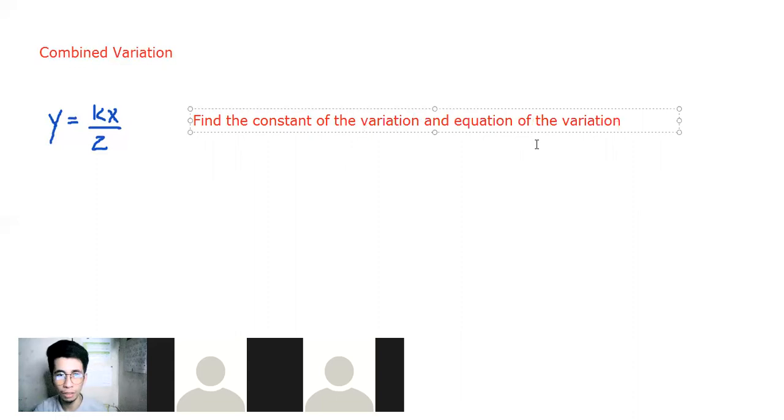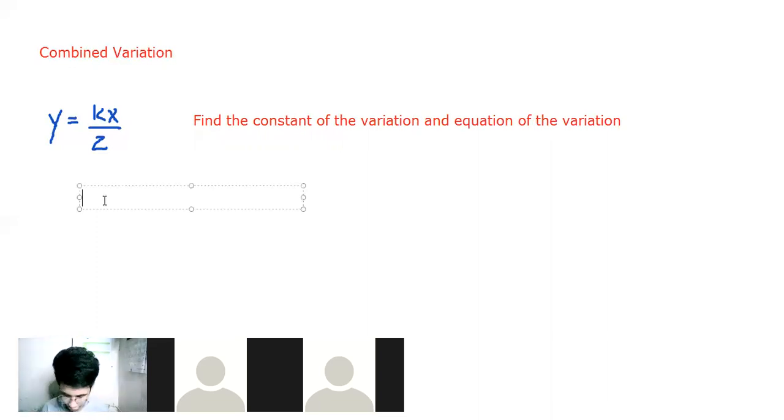Again, the constant of variation is the value of letter K. Let's start with number 1. We have Y equals 12 when X is equals to 8 and C is equals to 4.